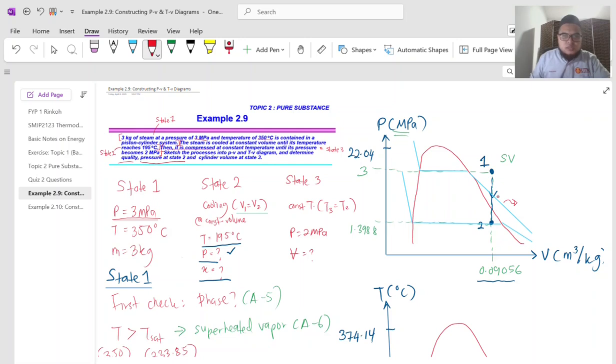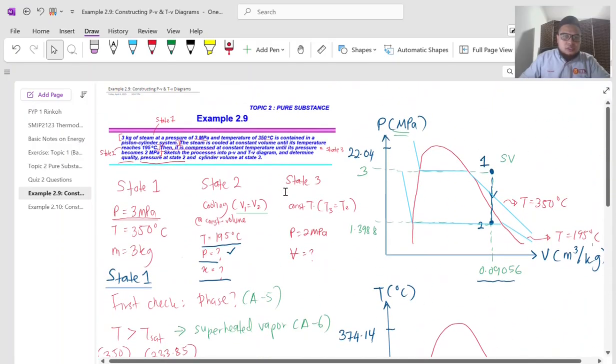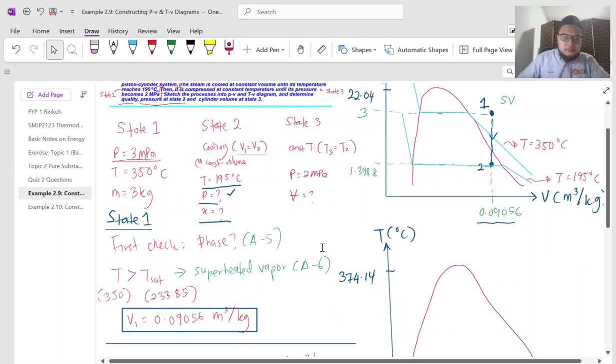So at state 1, the temperature is 350 degrees Celsius. At state 2, T is 195 degrees Celsius. So now we go to state 3. At state 3, we have a compression of the fluid at constant temperature until pressure becomes 2 megapascals. Now let's assess what phase this is.